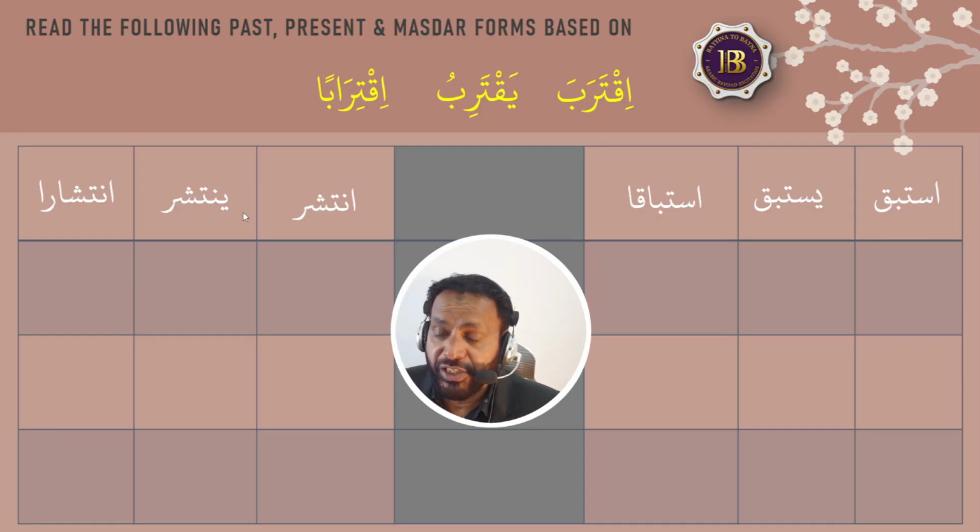So intashara yantashiru intisharan. The root letters are nashr. Nashr. Those who have studied Urdu might know it. I have not studied Urdu, but I used to hear this word a lot when I was growing up in school. Of course, there was no television. There were radios, and I used to hear on the radio, this program is being broadcast from Delhi.